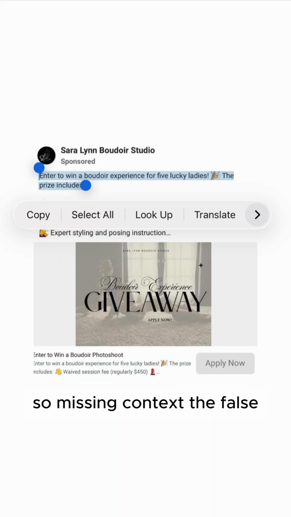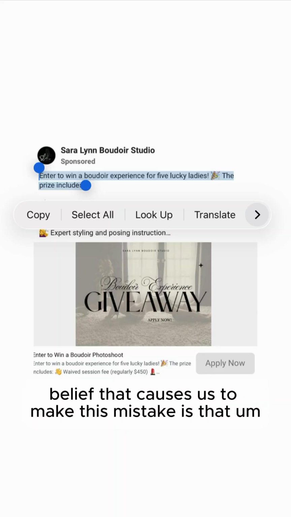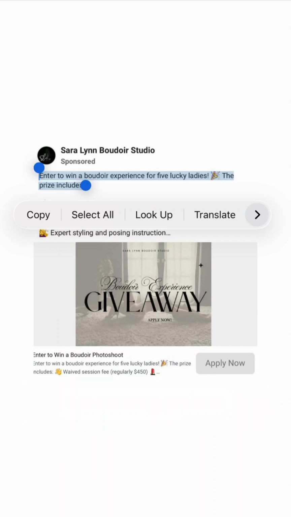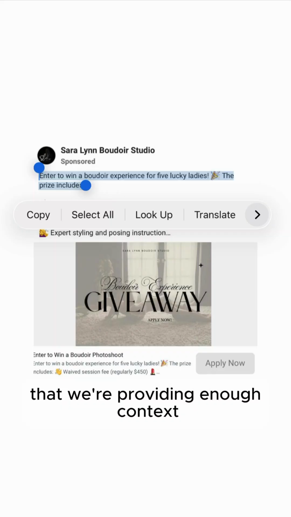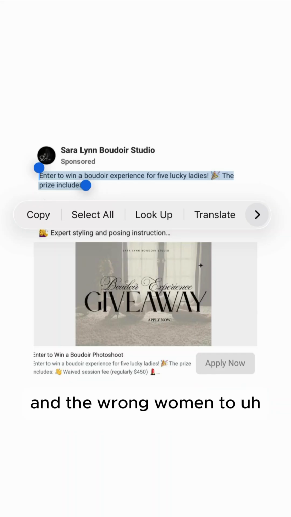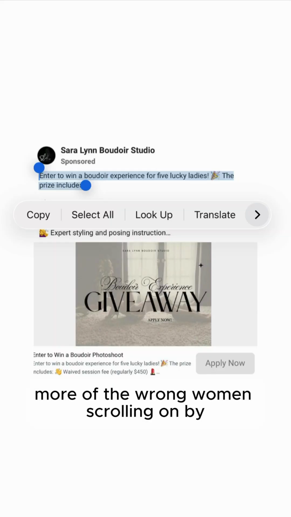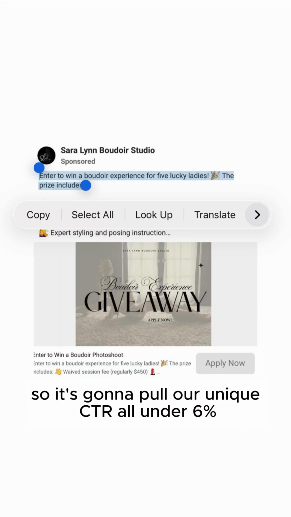So we're missing context. The false belief that caused us to make this mistake is that we actually believe that we're providing enough context for the right women to click in and the wrong women to scroll on by. But actually, we're going to get more of the wrong women scrolling on by and more of the right women scrolling on by. So it's going to pull our unique CTR all under 6%.